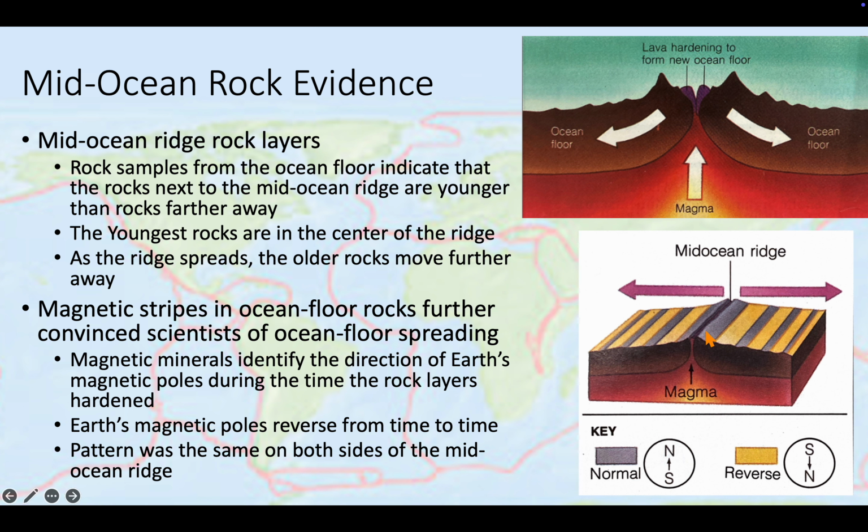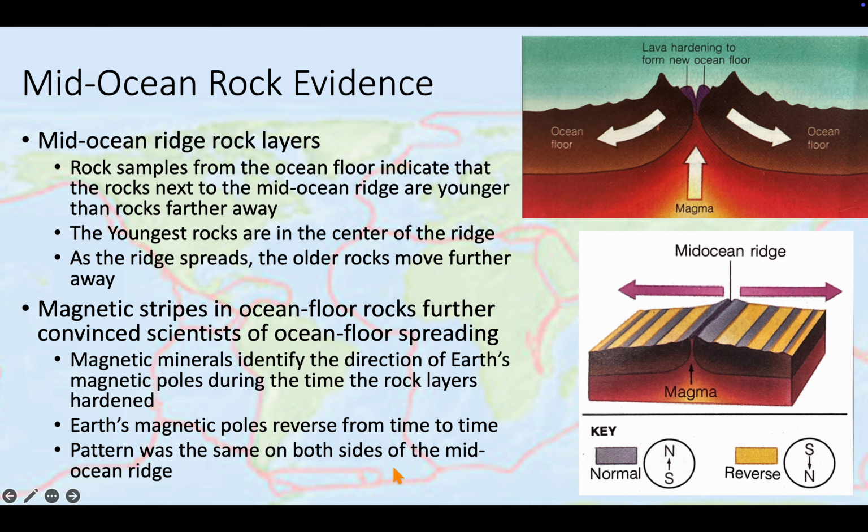What happens is there are magnetic pieces of minerals in the rock that forms, and when the rock cools, it cools such that it's pointing to either the north or south pole. The magnetic minerals identify the direction of Earth's magnetic pole during the time the rock layers hardened. And we know that Earth's magnetic pole reverses from time to time.